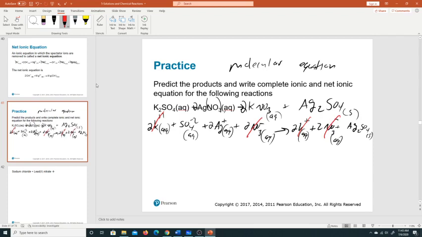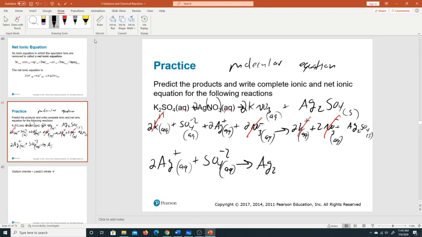I'll recopy the rest of it down. 2Ag plus AQ plus SO4 negative 2 AQ, arrow, Ag2SO4 solid. That is called the net ionic equation. The things I crossed off, those are called the spectator ions.